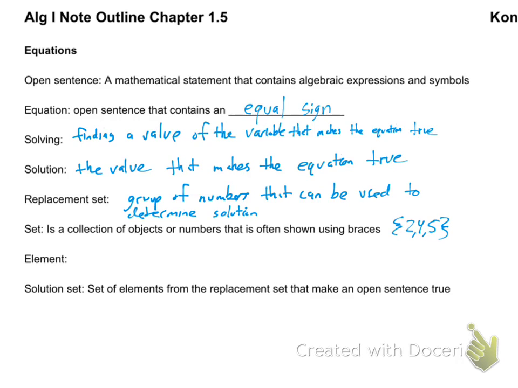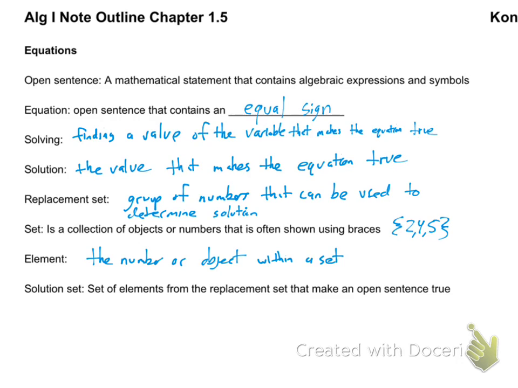An element is the number or object, because a set can be numbers or objects, within a set. So the things that are inside of sets are called elements.